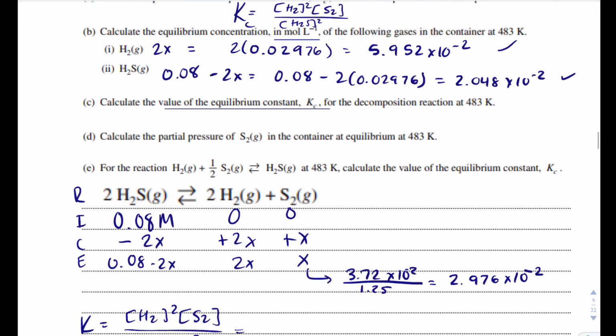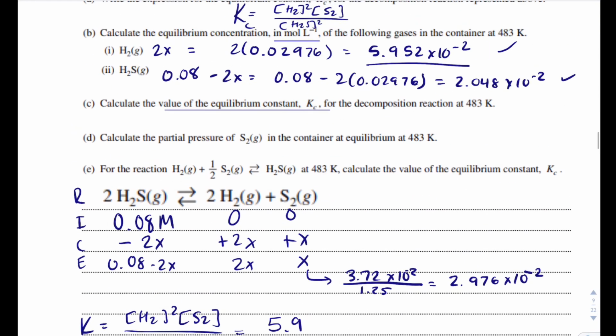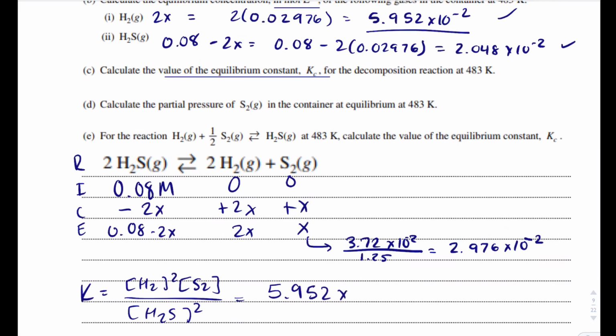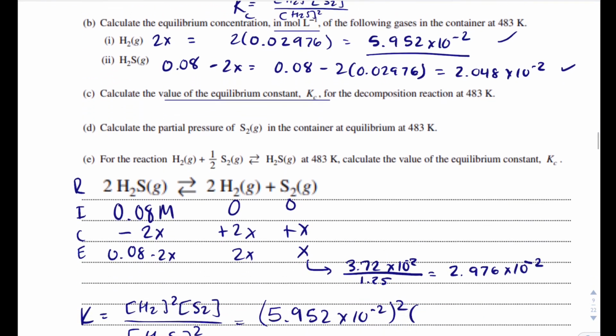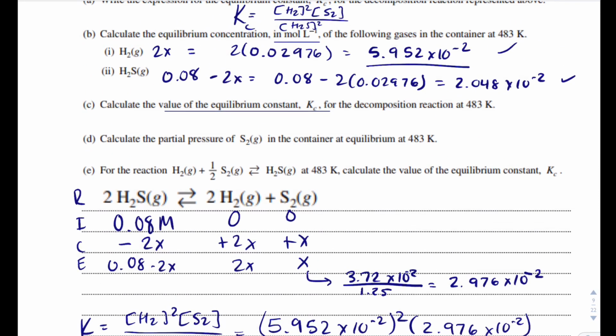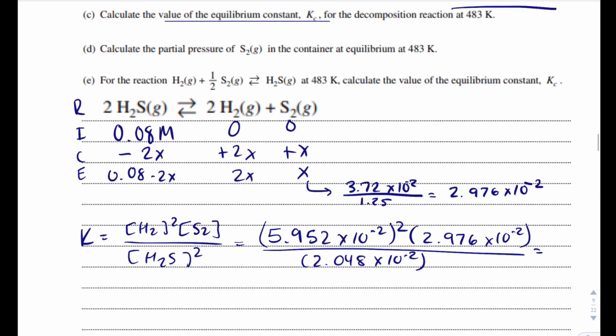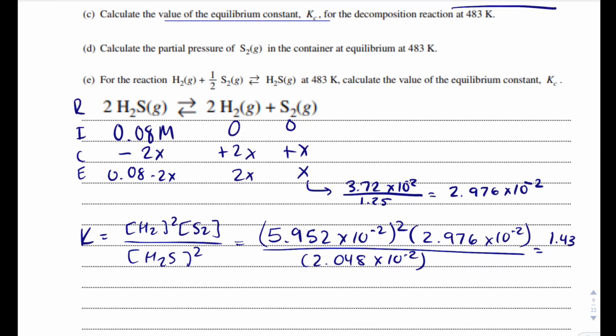That equals H2, which we just said was 5.952 times 10 to the minus 2, squared, times S2, which is 2.976 times 10 to the minus 2, divided by H2S, which we figured out is 2.048 times 10 to the minus 2, squared. When we plug this into the calculator, I get 1.43 times 10 to the minus 4 as my K value.